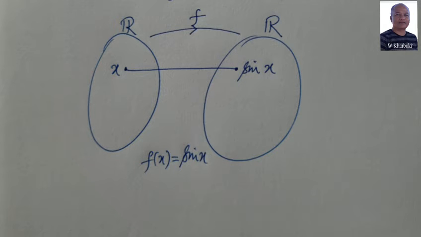Also say a function f from the set of real numbers R to the set of real numbers R, and say f will take x to sine x. So in notation, we will use f of x equal to sine x. F will take x to sine x.